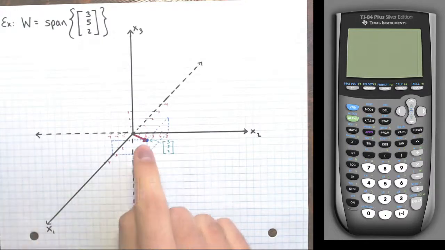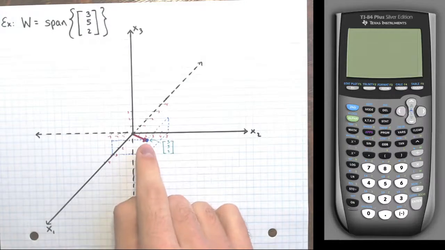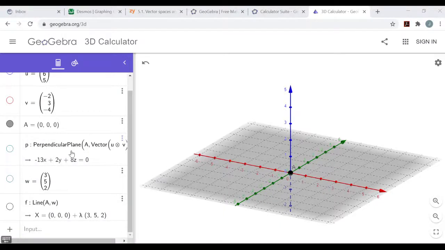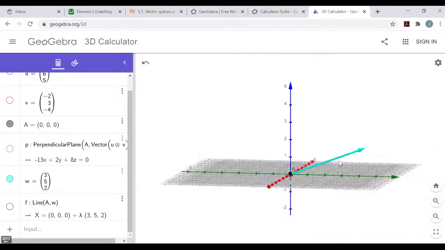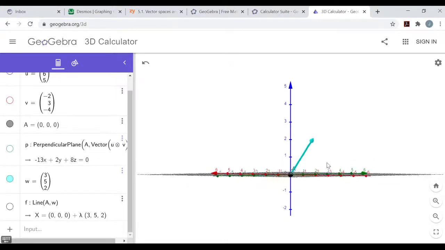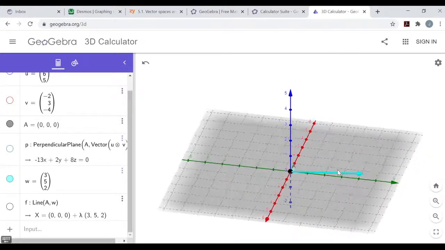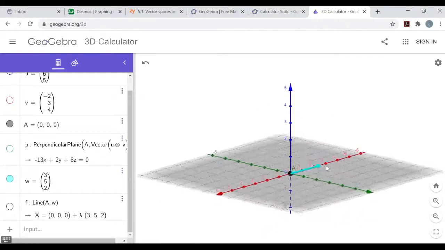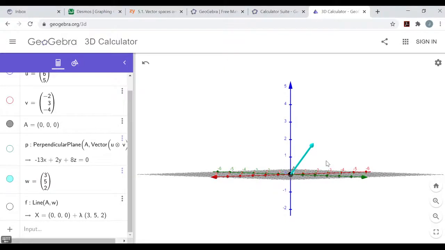Again, I think it's easier, instead of just seeing my single picture of a vector here, to go back to the GeoGebra 3D thing. I have this put up somewhere. There it is, 3, 5, 2. See, there's the vector 3, 5, 2. Spin this around a bit, you can see it coming off in 3D. It's 3 in the red direction, 5 in the green direction, 2 in the blue direction. And there's the vector.